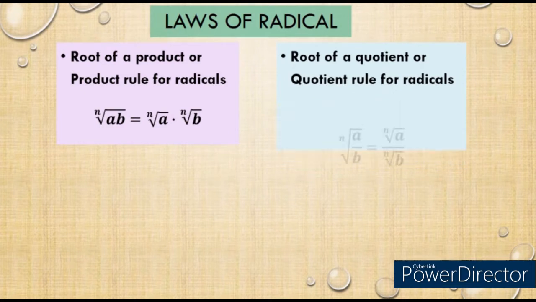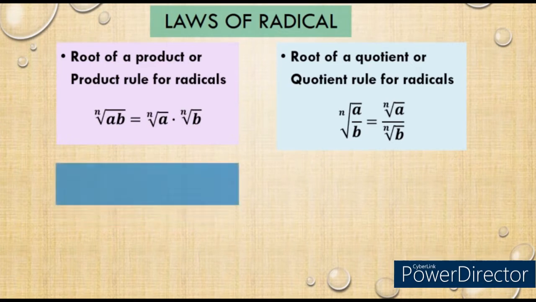So we have nth root of A divided by B is equal to nth root of A divided by nth root of B. Okay, so now let's proceed to law number 3.